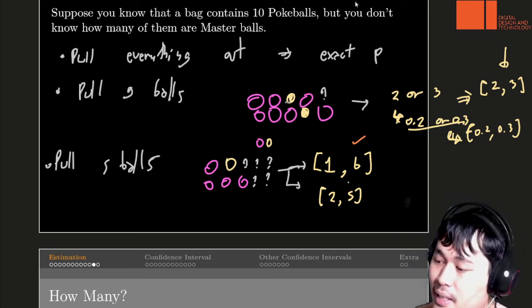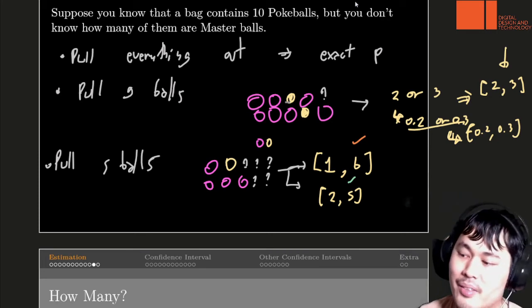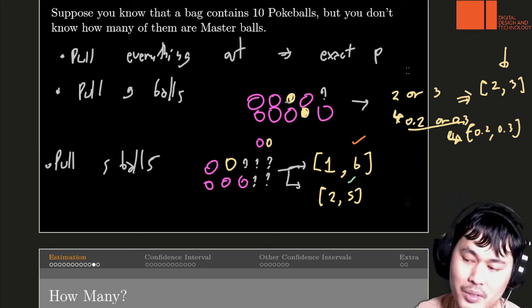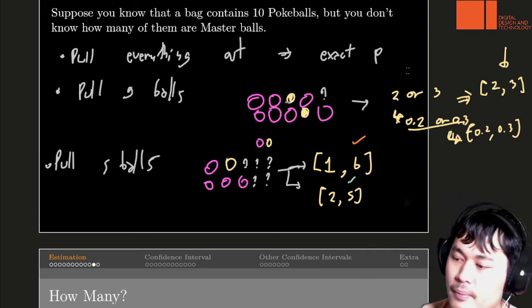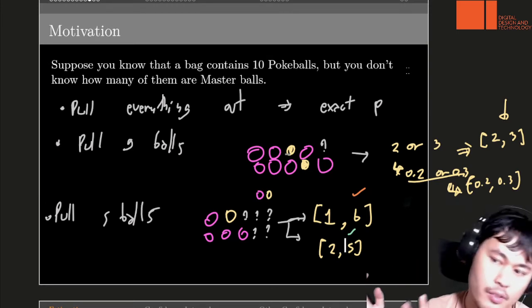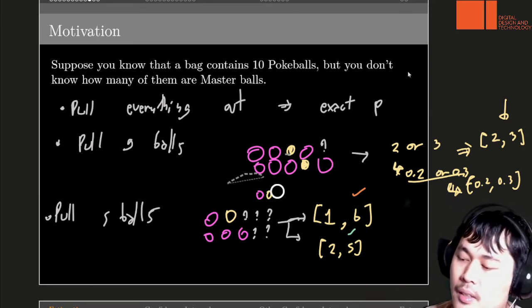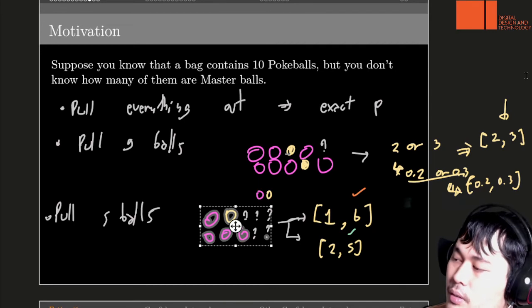And here, this is a better way to estimate numbers, or to give a range of possible values, given that you have some information about what the contents of the ball should look like.